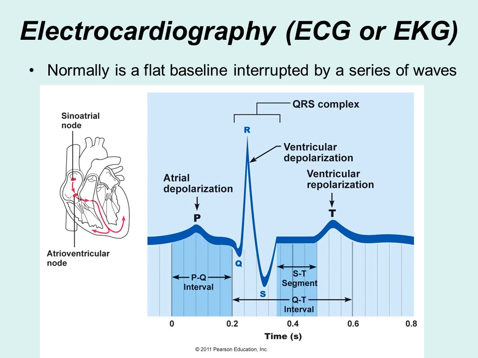Here you can see the first peak is the P wave, then it flows down, you have the QRS complex, then a little bit of a flat line between S and T, and then you have the T wave. You can see how it corresponds to the depolarization and repolarization occurring between the atria and then the ventricles.